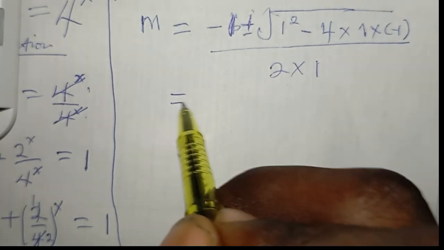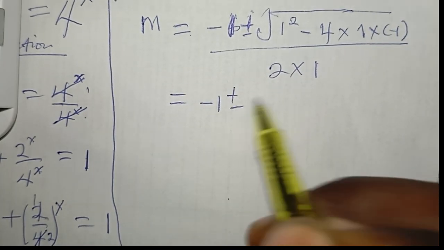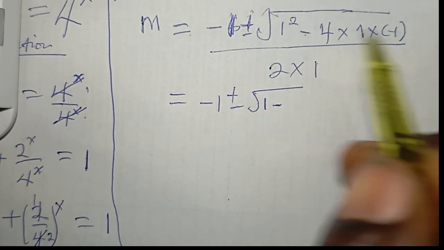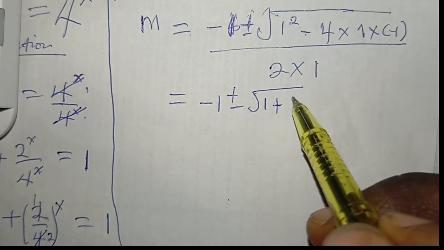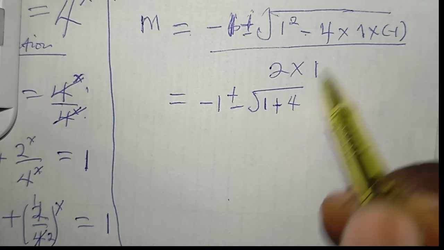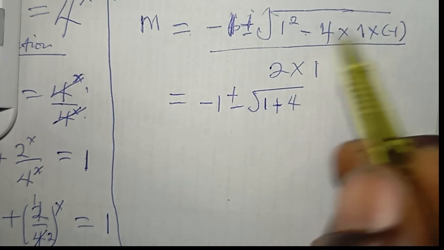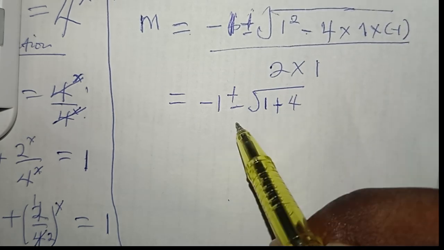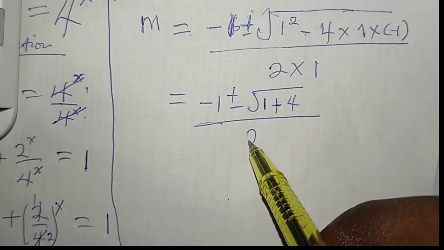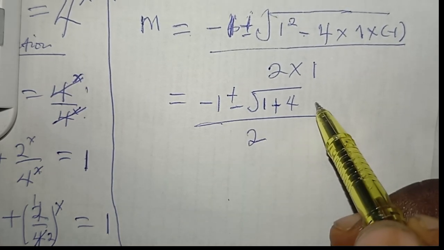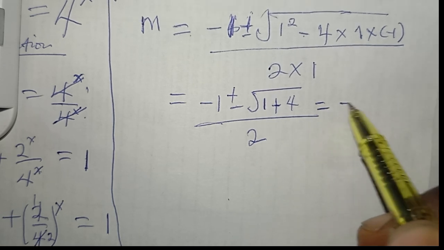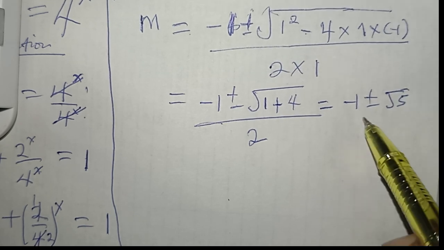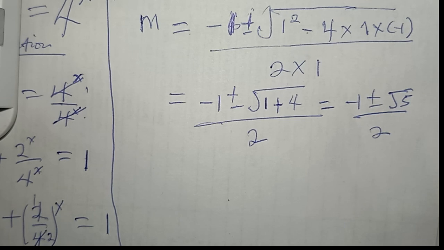So this is actually going to give us minus 1 plus or minus the square root of 1 minus, this minus multiplied by the minus gives plus, so 4 times 1 times 1 here is 4. It's all divided by 2, so this is going to give us minus 1 plus or minus the square root of 5, divided by 2.